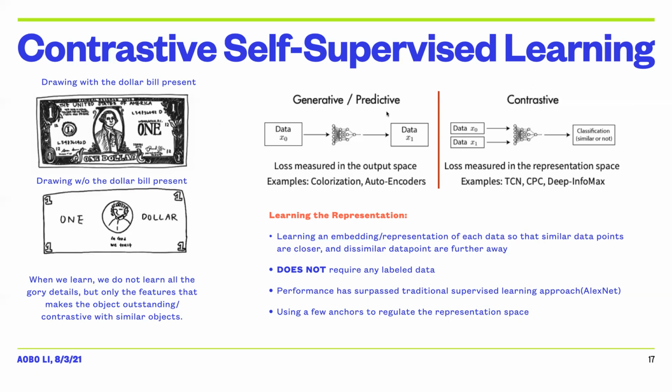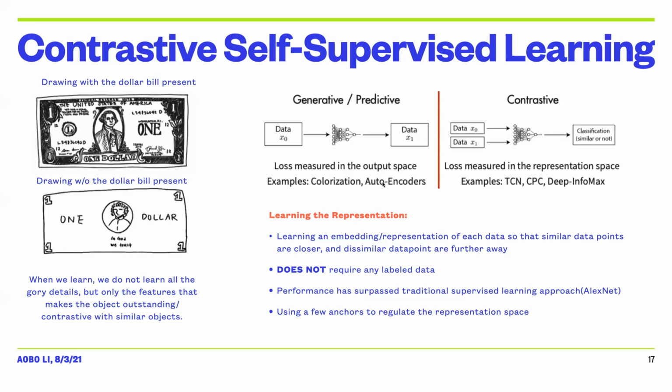When you have a generative model, you have your input data, you feed it into some fancy neural network model, and you get another type of data. The loss is measured in the output data X1 space. For example, you can do autoencoders and some other algorithms.